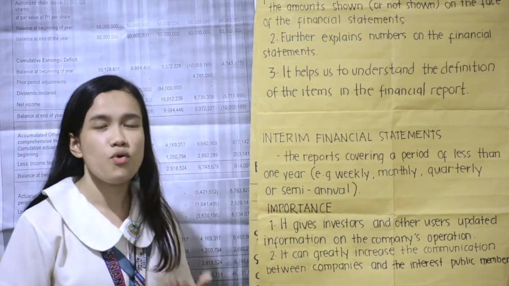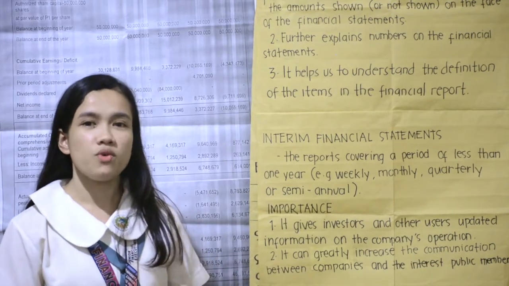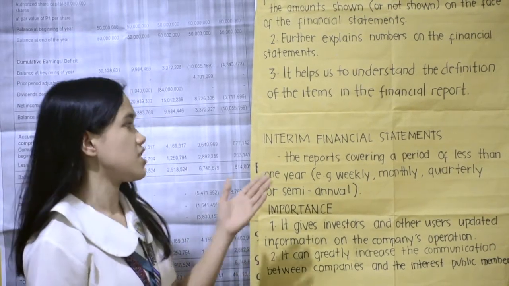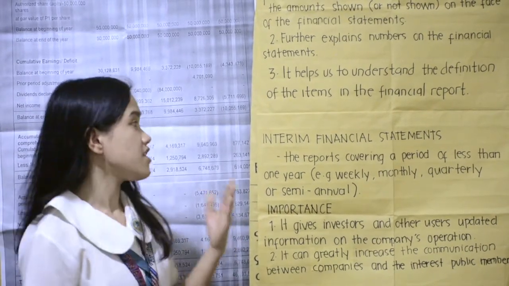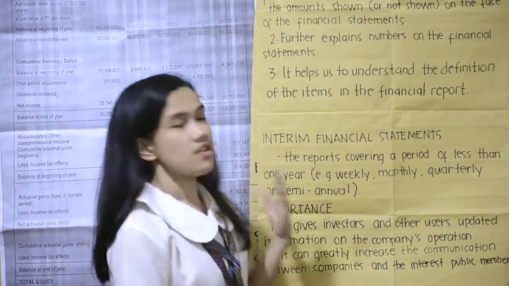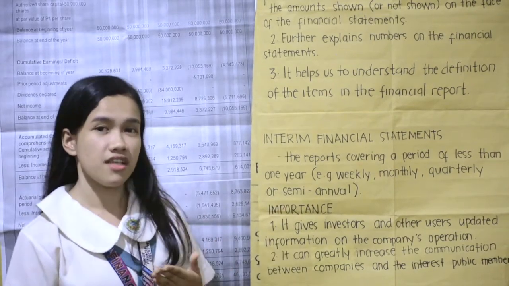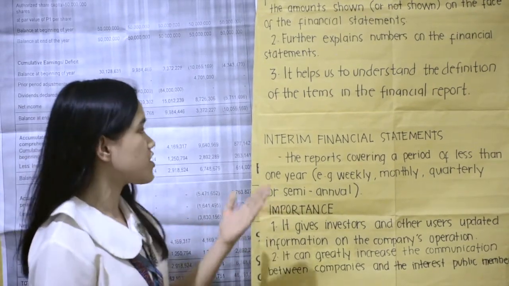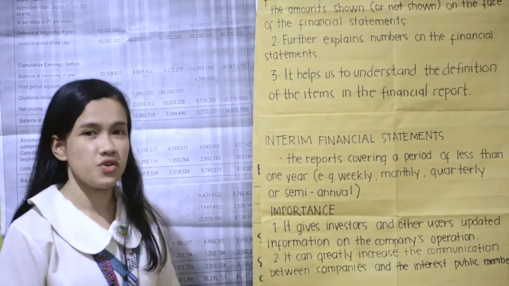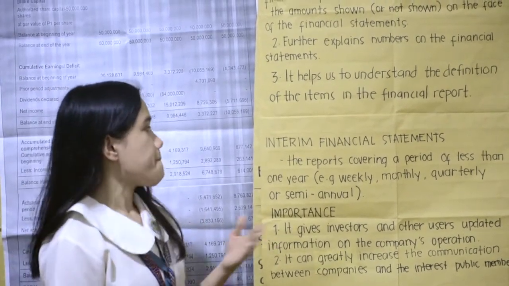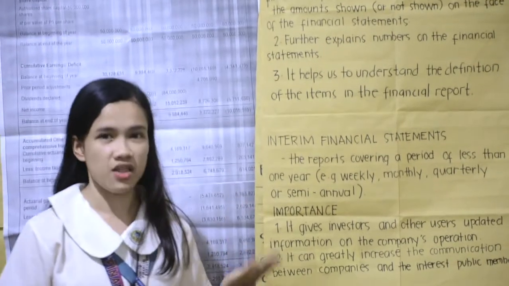So, as proponents, we should be able to prepare the interim financial statements. When the financial statements are prepared at any date, even if the 12-month period is not yet due, they are called interim financial statements because they are prepared within an interim period of weekly, monthly, quarterly, or semi-annual.